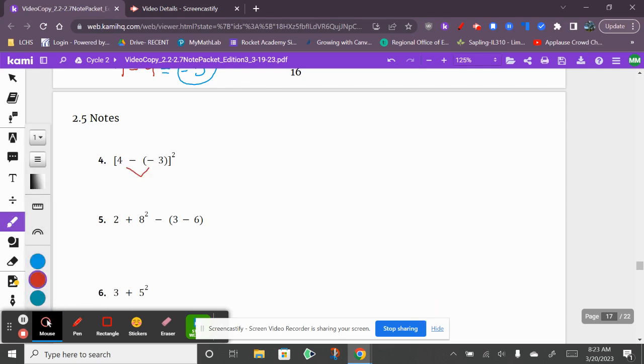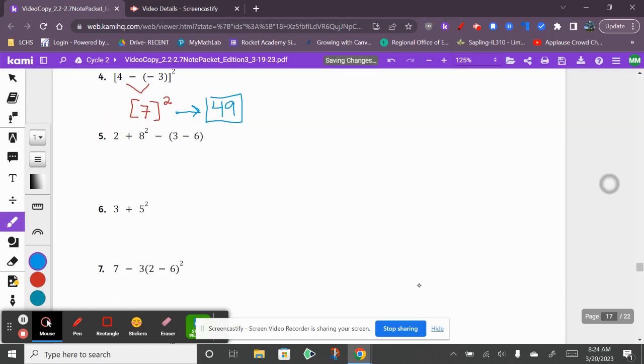So I'm going to have 4 minus negative 3, which will give us 7. The exponent on the outside was not used yet, so that's going to be applied next. 7 squared will give us 49.